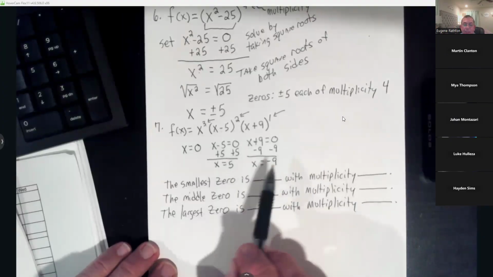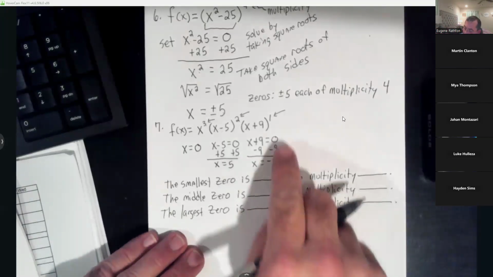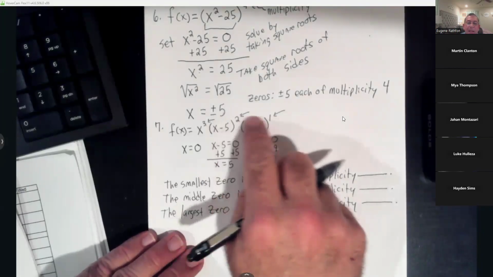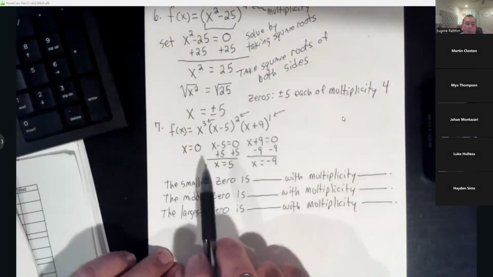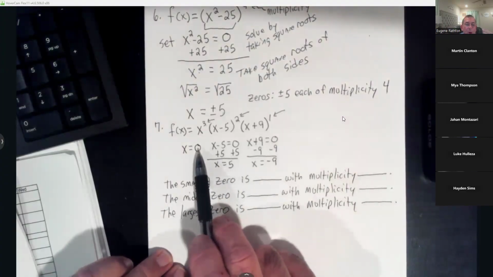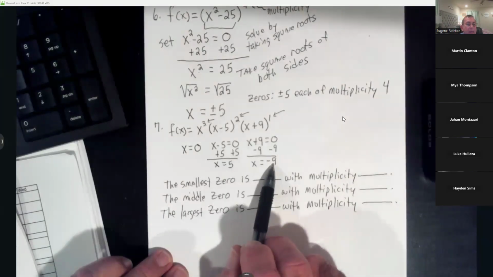Out of these 3 zeros, which one would y'all put as the smallest? Oh, now mind, don't worry about the multiplicities yet. We'll worry about the multiplicities in a second. What we want to know is what's the smallest number between a 0, a 5, and a negative 9.